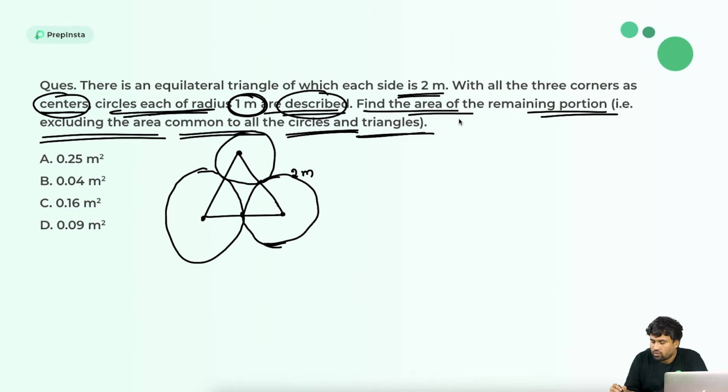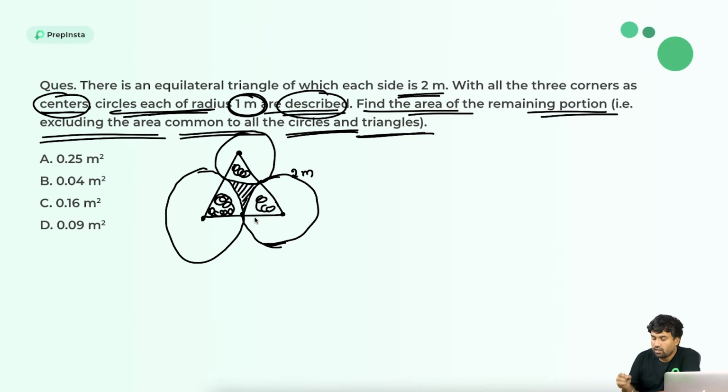And if you see the question, find the area of the remaining portion, that is, excluding the area common to all the circles and the triangle. So I am just shading the area which is not common to the circles and triangle, which is nothing but this area. Why? Because we need to eliminate this area and this area.